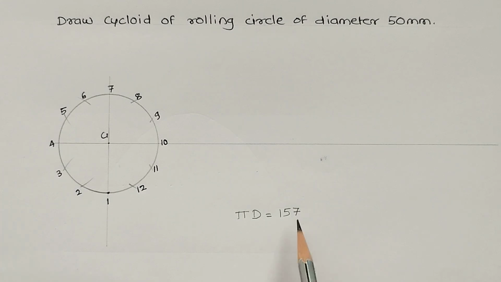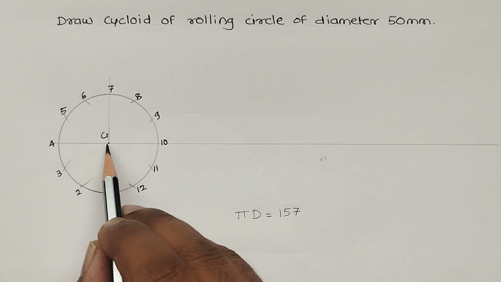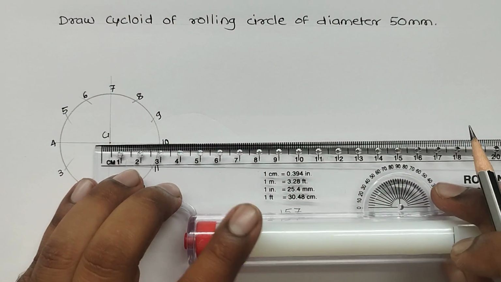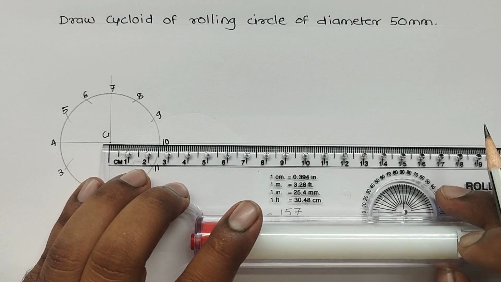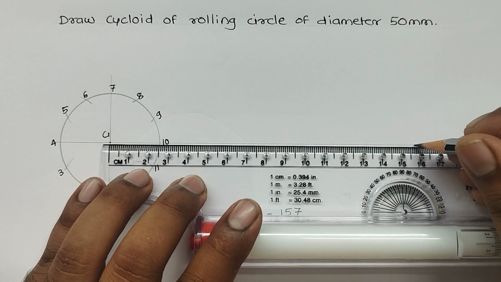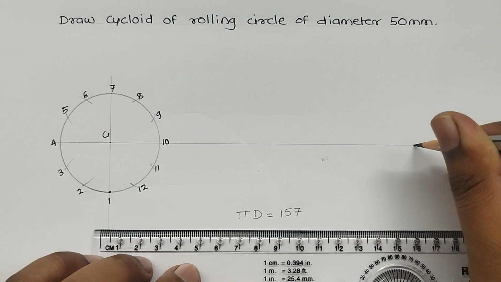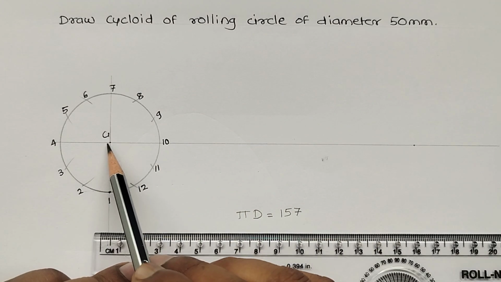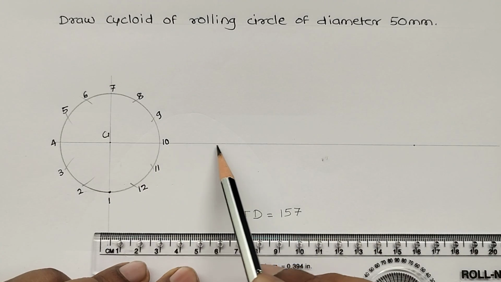So I will take this distance 157 from this point C1. Take the distance 157. So here it is. So up to this center will move.